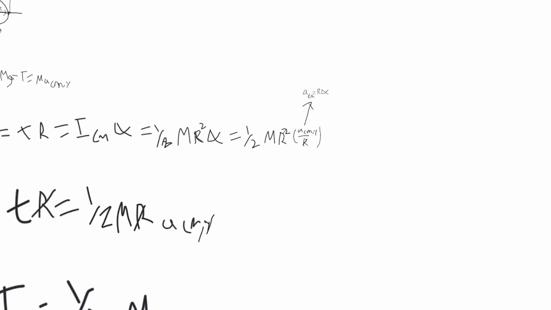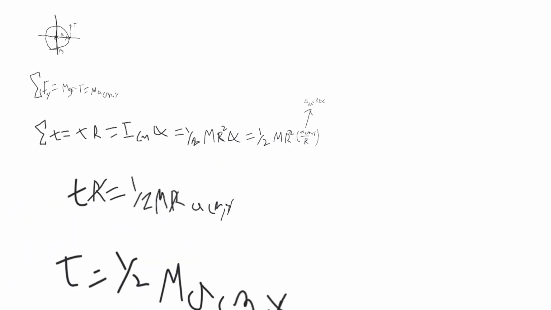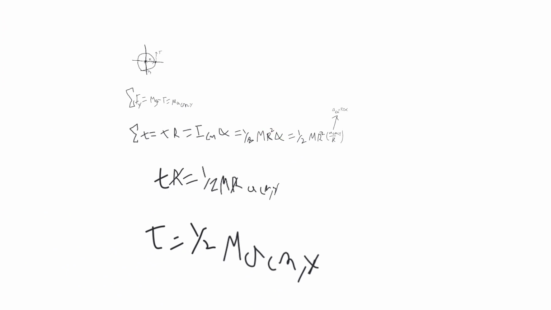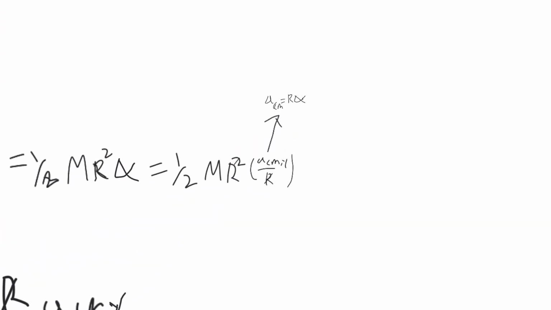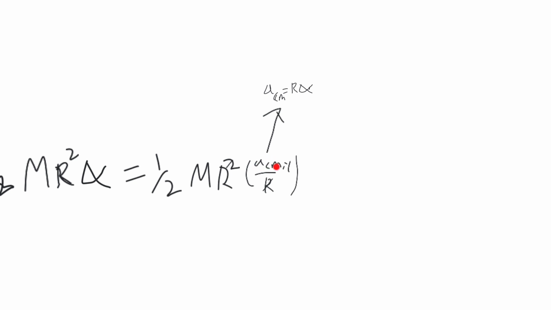We replace alpha with the acceleration in the y direction divided by r. Where do we get this from? From the expression that acceleration equals the radius times alpha. Solving for alpha gives us a over r.